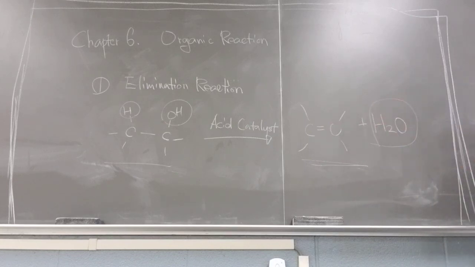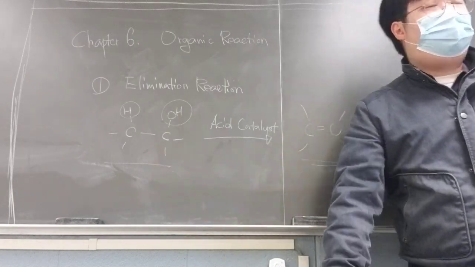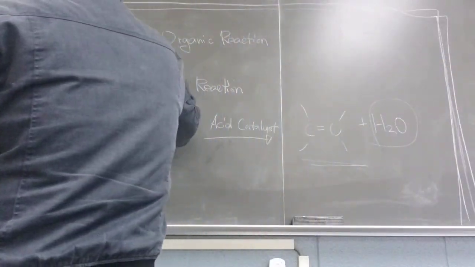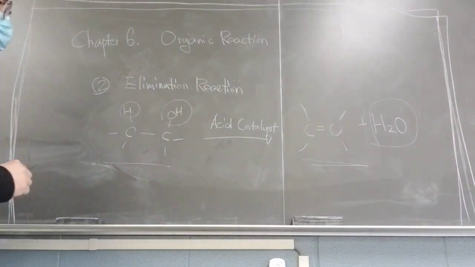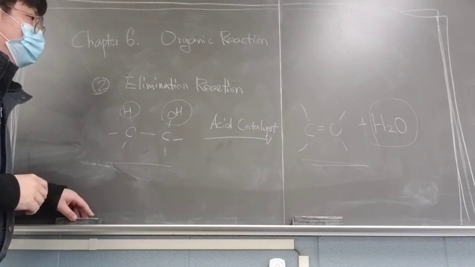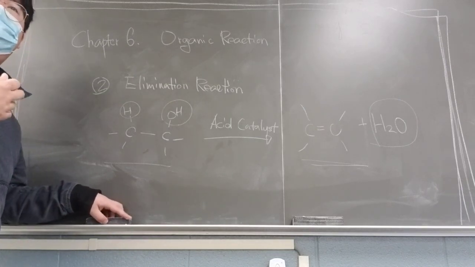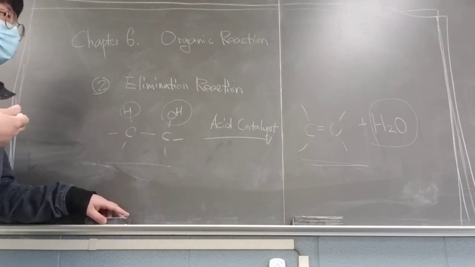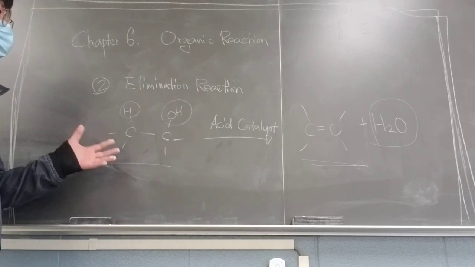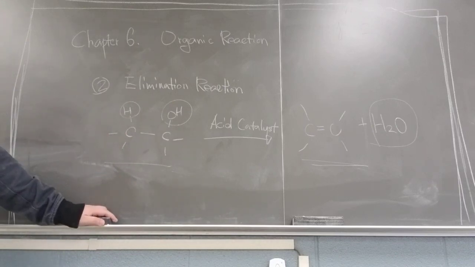So this is eliminated from this compound. This is what we call an elimination reaction. This is actually dehydration: you remove the water from the compound. So dehydration is a type of elimination reaction. This is one example. Okay, makes sense, right?